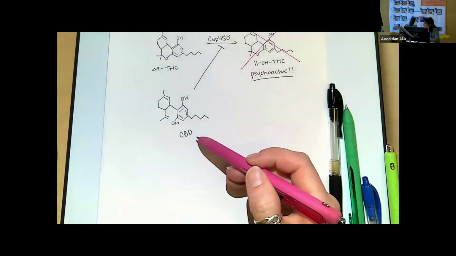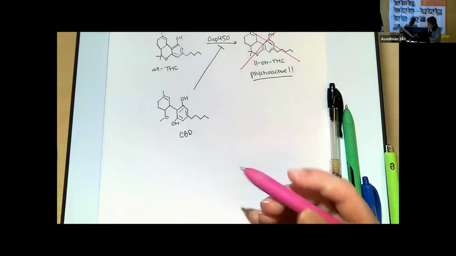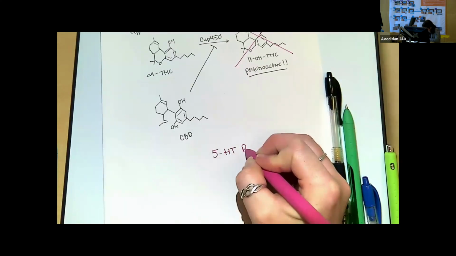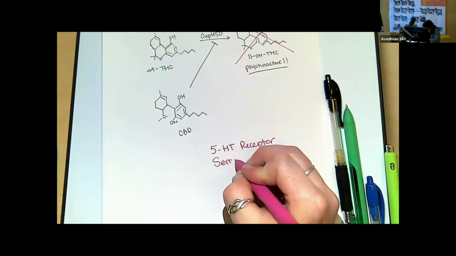Another benefit of taking cannabis products that contain CBD is CBD is an agonist for what's called the 5-HT receptor. This may just sound like a random receptor, but it's not. It's actually our serotonin receptor.